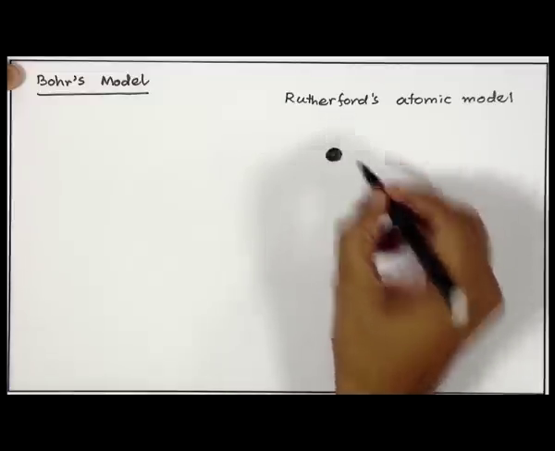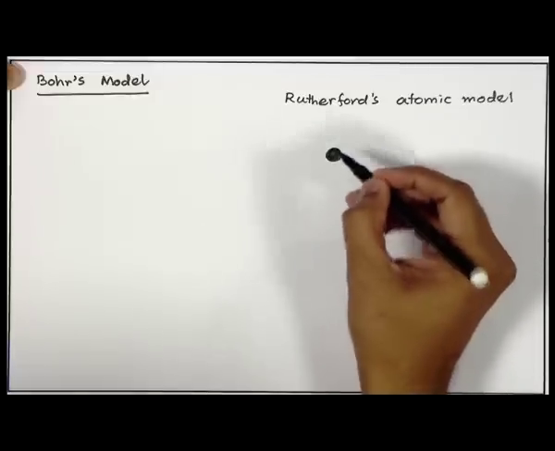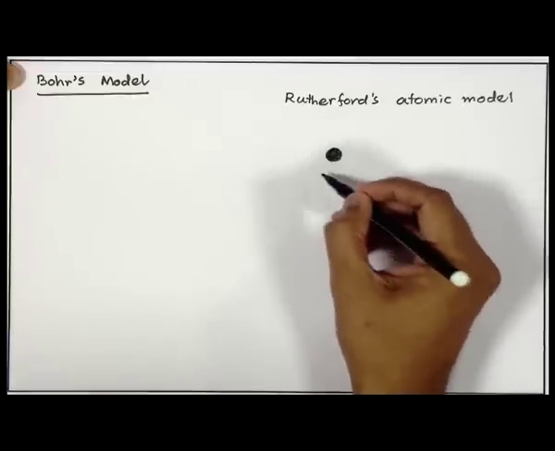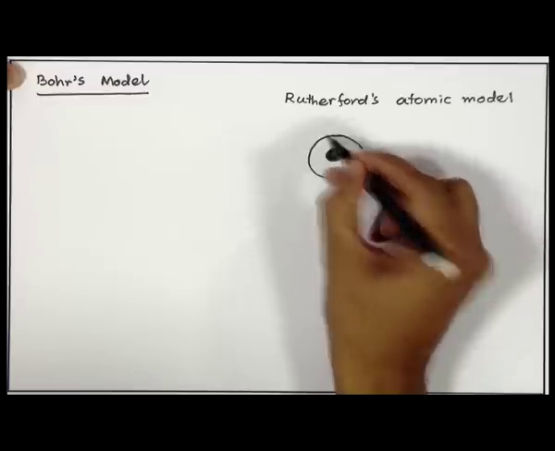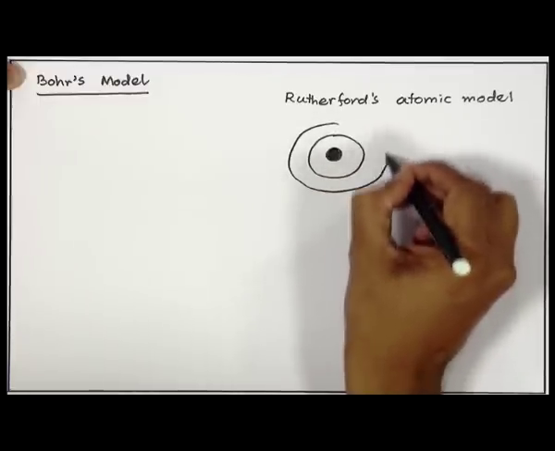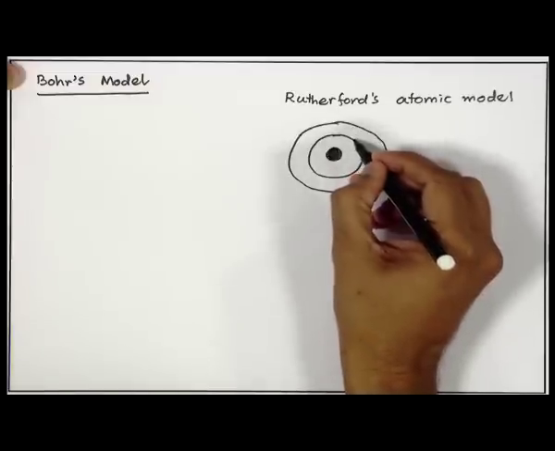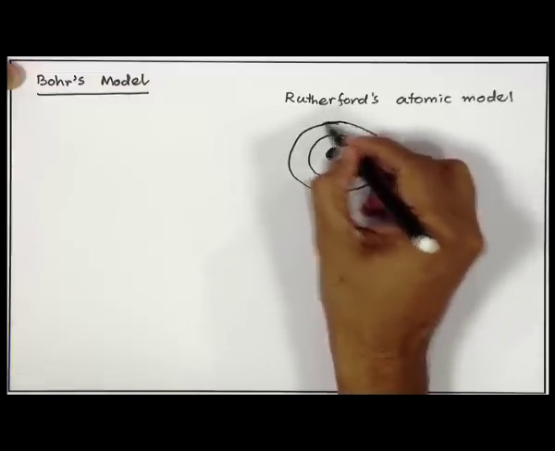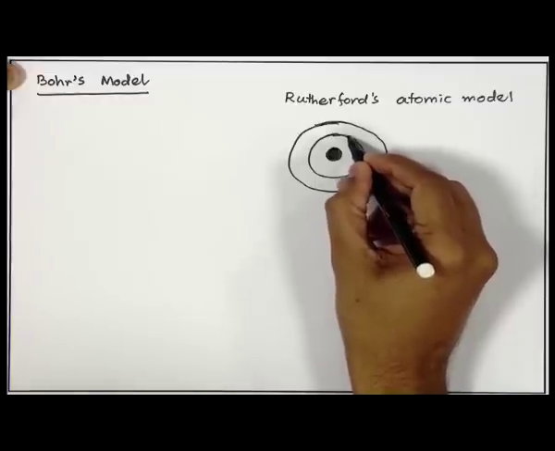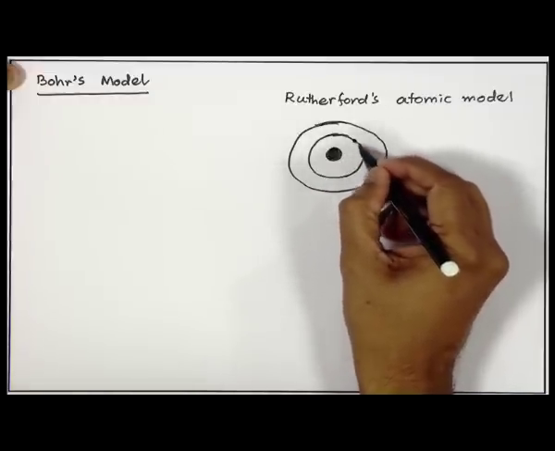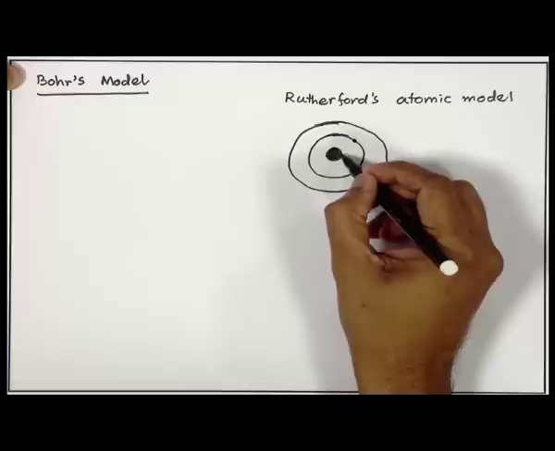It also contains the mass that comes from protons and neutrons, and the electrons go around the nucleus in circular paths.